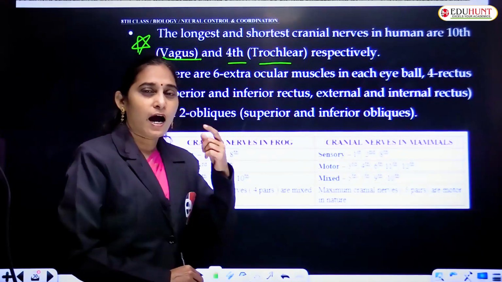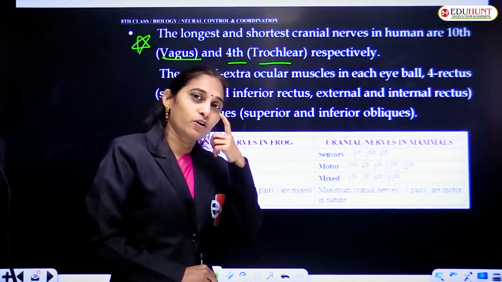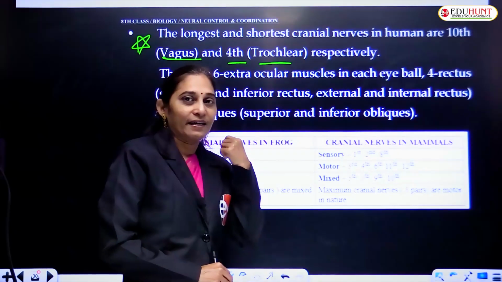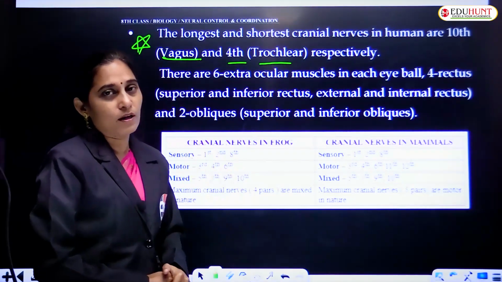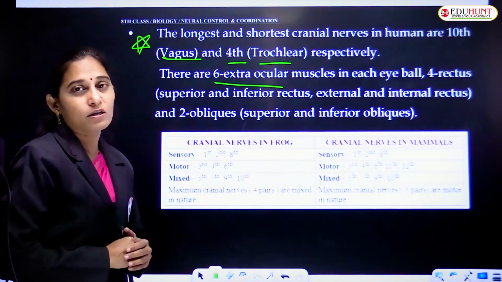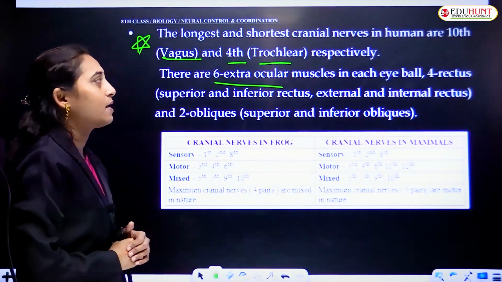And there are extra 6 ocular muscles in each eyeball. Ocular means related to the eye. So in each eyeball, there are 6 extraocular muscles. They are not nerves, they are muscles.